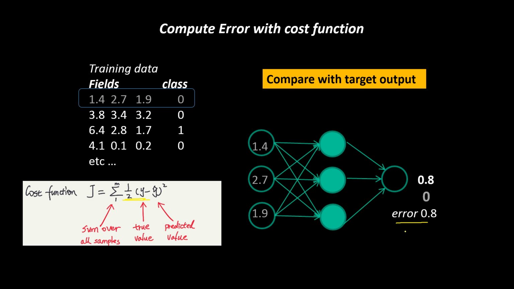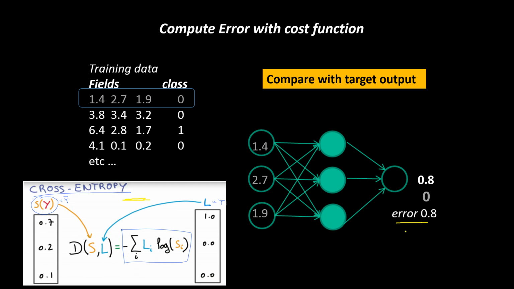The most used cost function is the cross entropy function. We'll look into this later; there is a lot of theory available for it. It compares the predicted output with the true value and computes some cost. Here we are doing a difference, there we are computing a log.